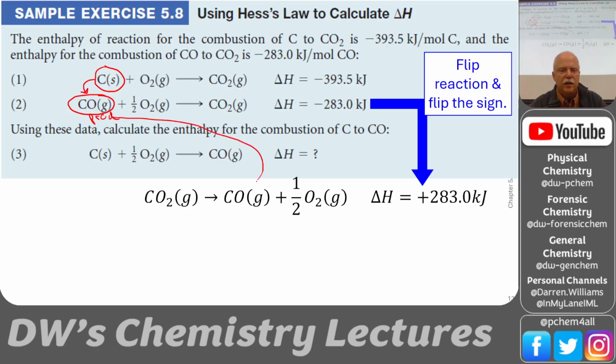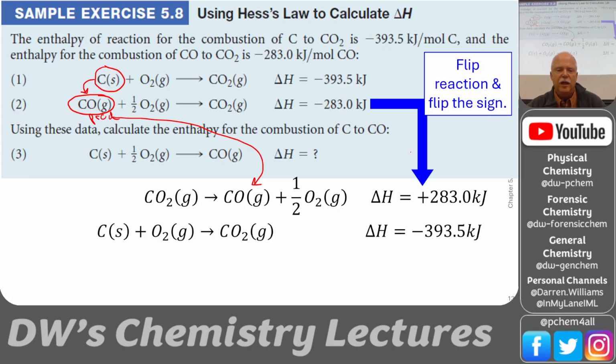You see, it's right here. Whenever I flip that reaction to make it backwards, I flip the sign on the enthalpy. And then I'm going to add that to the first reaction. Carbon solid is already a reactant. Then I'm going to add these together.